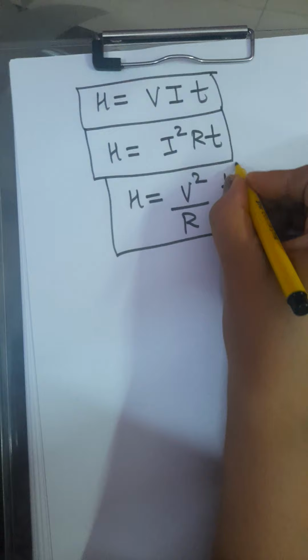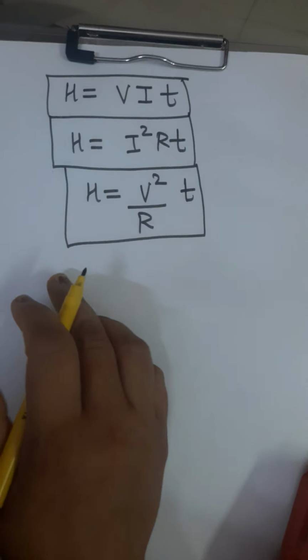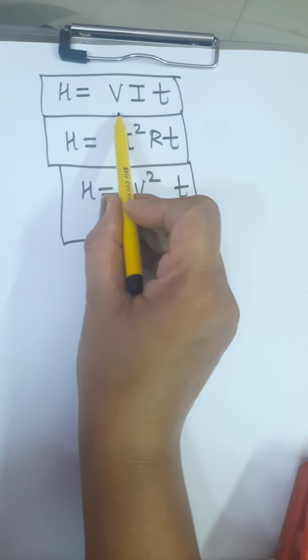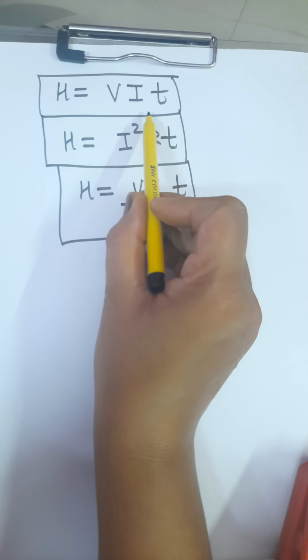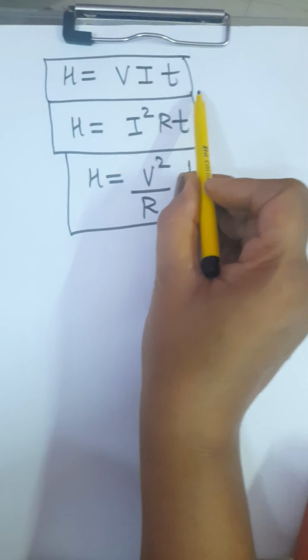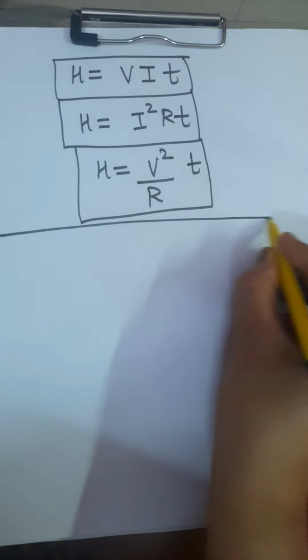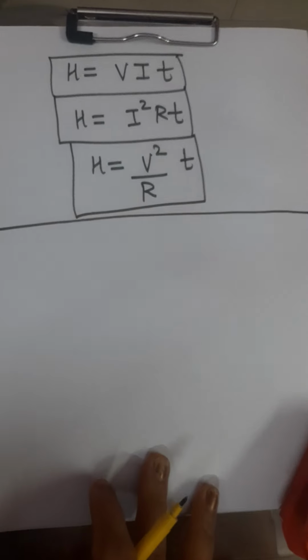We can use all these 3 formulas to calculate heat energy. Right, children? I remind you again, V is potential difference, I is current, T is time, and R is resistance. You may also copy down all the formulas in the notebook.